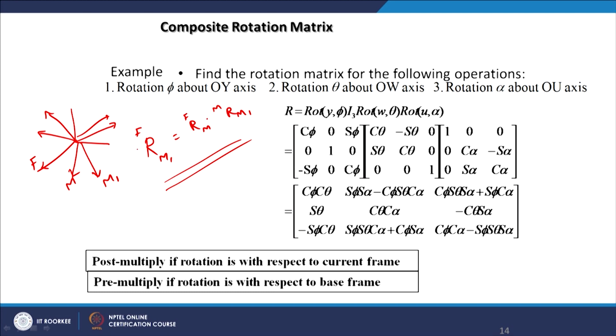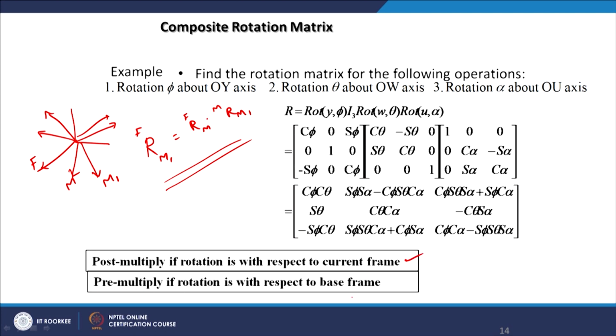So, this is different from the previous case. In the previous one we were doing the rotation with respect to the current frame, whatever the present frame is. Then we have to multiply on the right hand side, that is post-multiply.